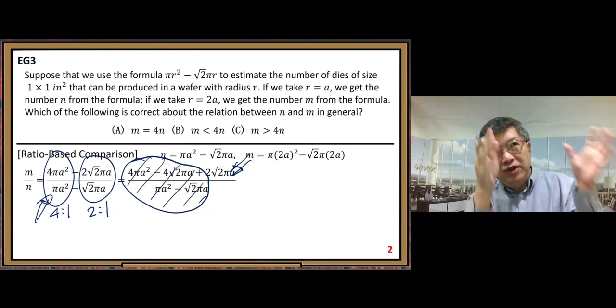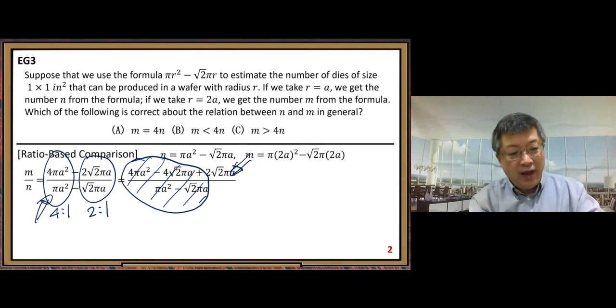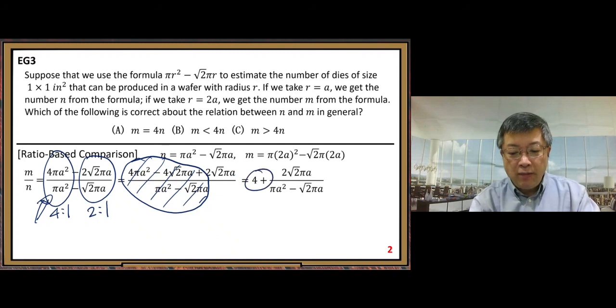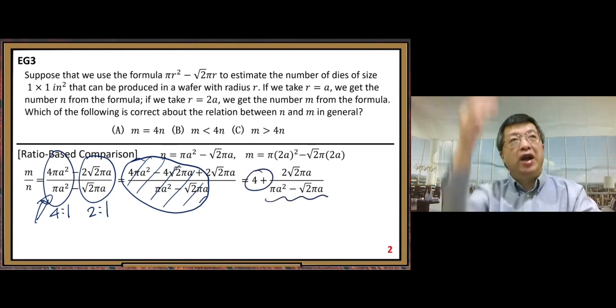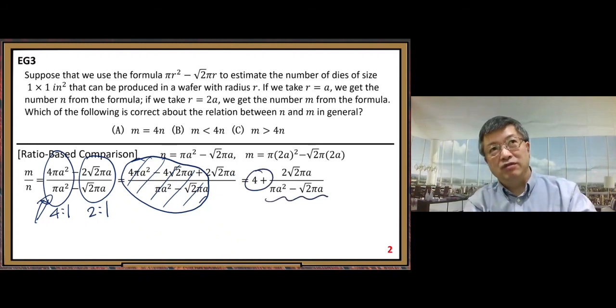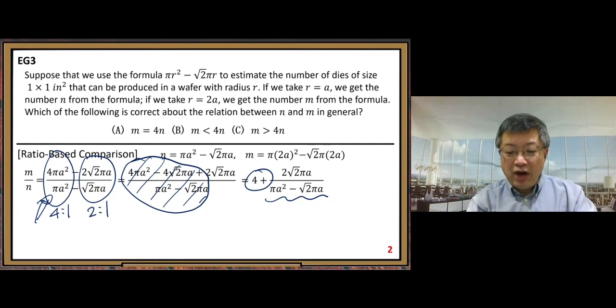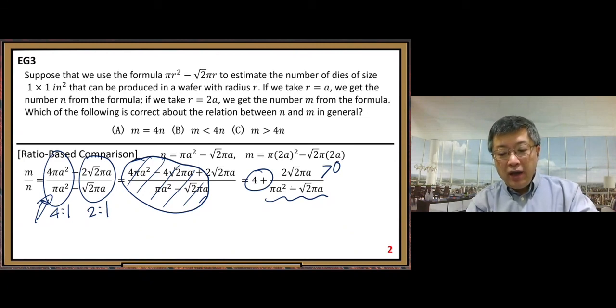Because if we have the first part, 4-to-1, then we can simplify to 4 plus some fraction. We know this fraction is positive, right? The numerator is positive, and the denominator, when a is large enough, look at that.